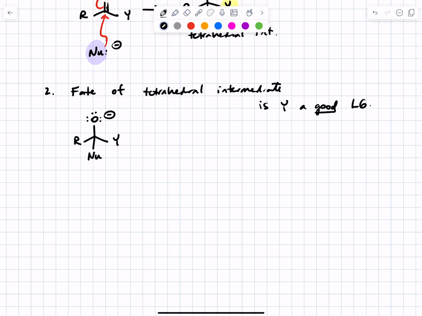But I told you that the question about Y being a good leaving group was always going to be bracketed by the issue of relative to what. And right now we're going to answer the what. Question I want you to be able to answer is, is that Y group a good leaving group relative to the negatively charged oxygen in the tetrahedral intermediate?